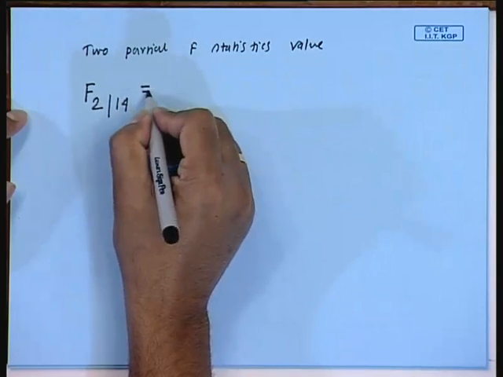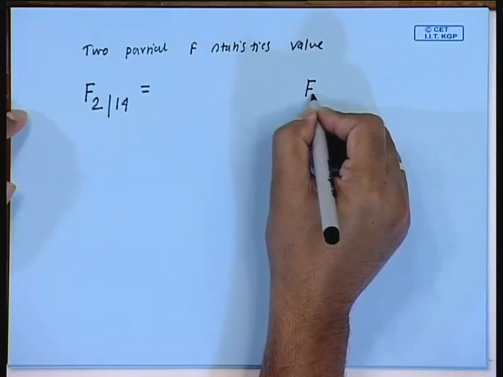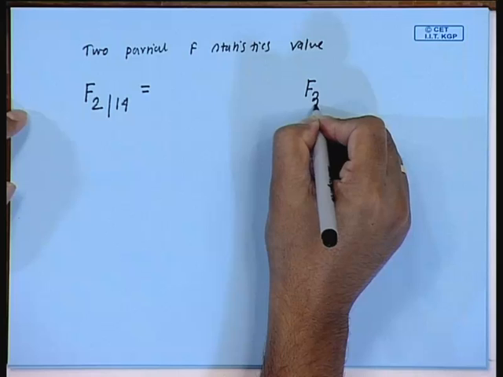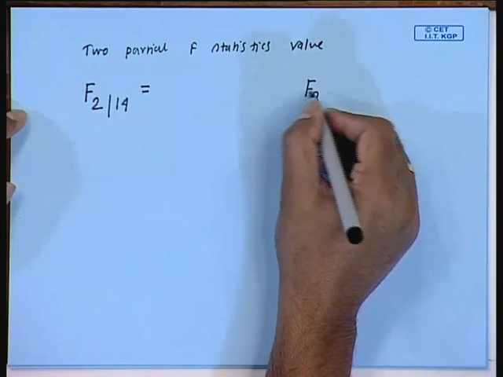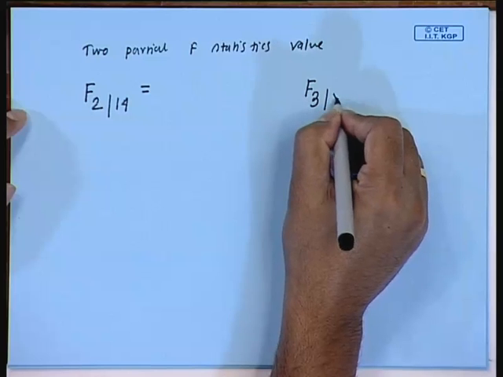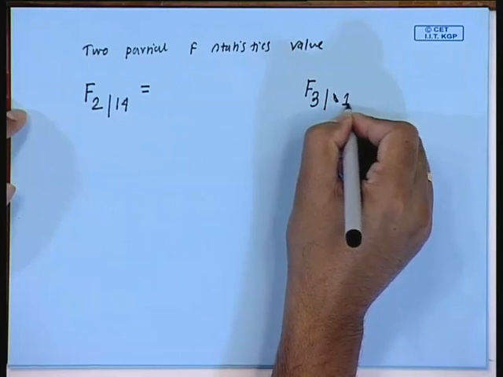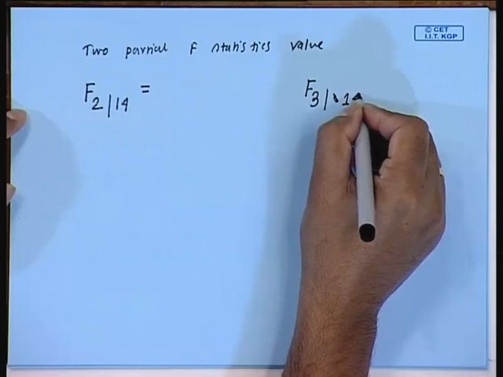So we will compute this value, and also we will compute F3, the significance of x3 in the presence of x1 and x4 in the model.